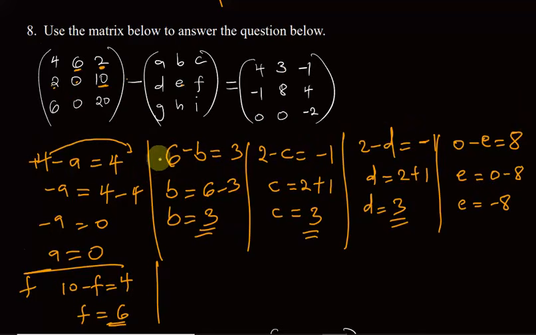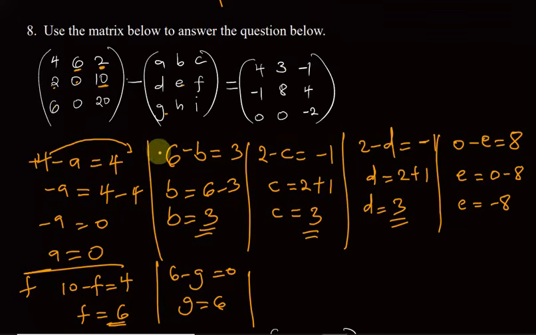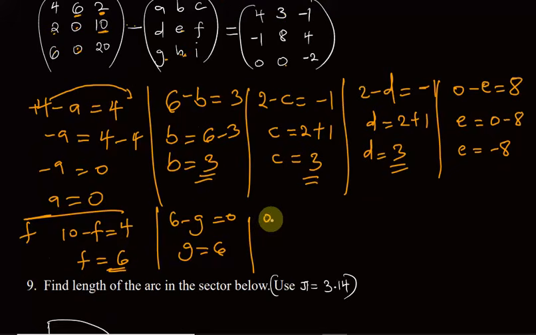G is below here. So 6 minus g is 0. Therefore, g will be 6. Let's look for h. H is here. So 0 minus h is 0. Therefore, h is just 0.